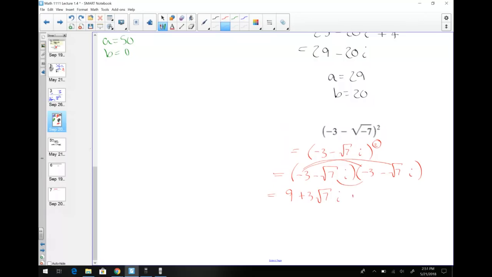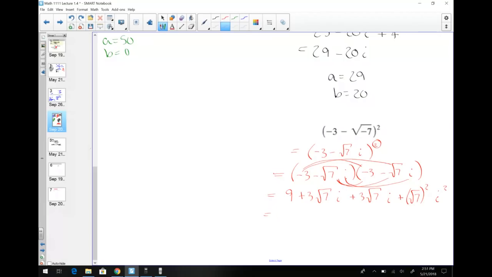The inner two turn out to be positive 3 square root 7i. And then the last two, remember we've got square root 7 times square root 7, which is square root 7 squared, and then we've got i times i, which is i squared.